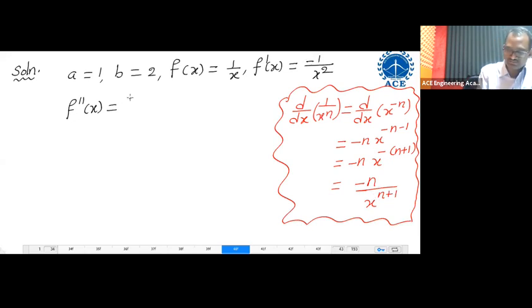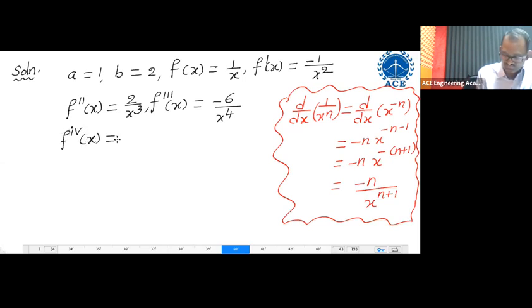Into this minus 1: 1 by x power 3, n value 3, minus 3 by x power 3 plus 1, x power 4, but here minus 3 into this 2, minus 6. f power 4 of x: 1 by x power 4, n value 4, minus 4 by x power 4 plus 1, x power 5, minus 4 into minus 6, plus 24.